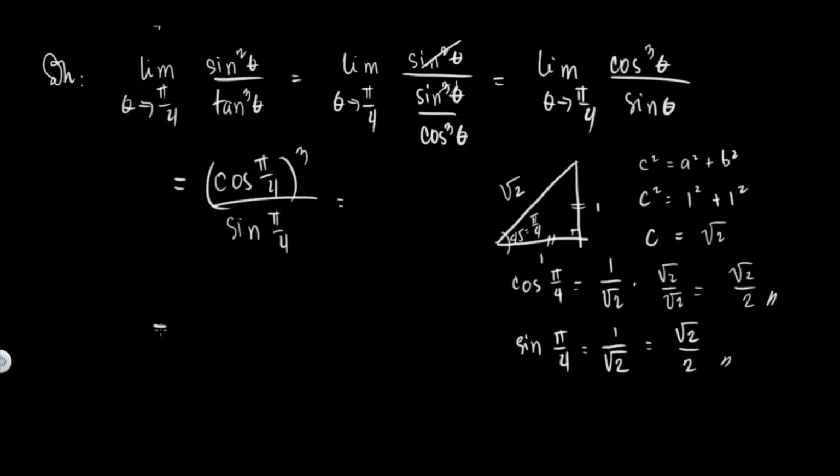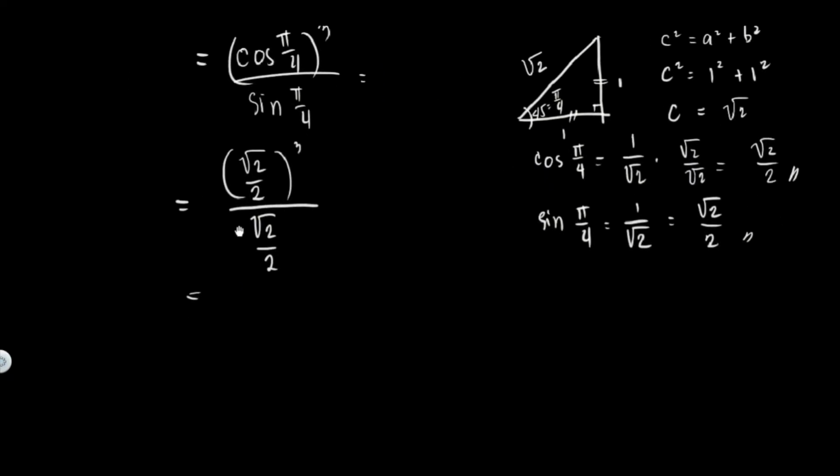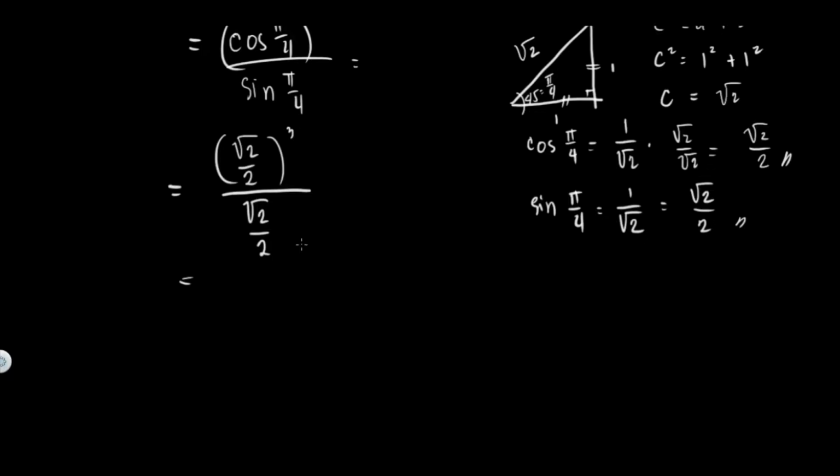So, balik ngayon tayo sa problem natin. Cosine pi over 4 is square root of 2 over 2, cube, no? Over square root of 2 over 2 equals. So, kung mapapansin nyo, square root of 2 over 2, 3 times, no? Naka-raise to 3.